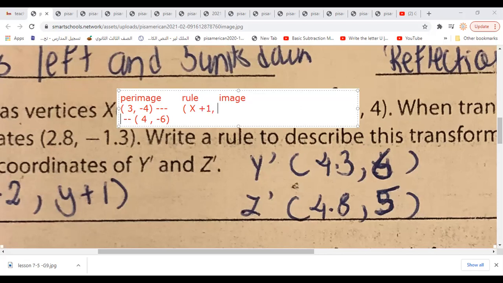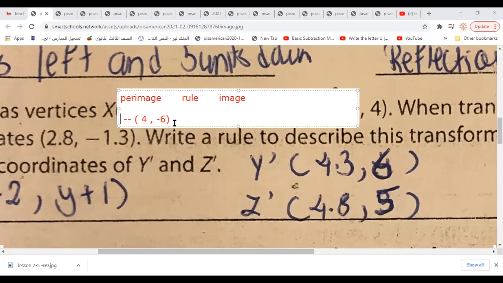For y, -6 minus -4 equals -2. Once you have a pre-image and the image and you are looking for the rule, you have to subtract. Then I'll come back to question number 7.